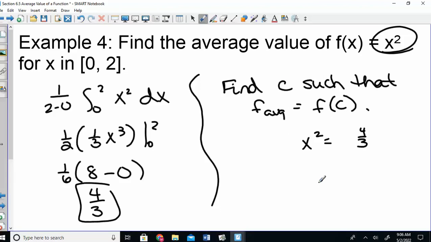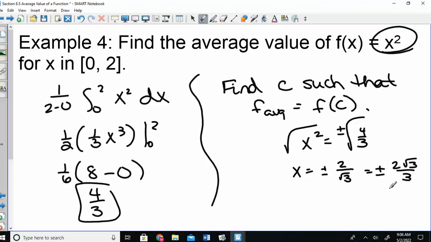And then if we work that out, to get rid of a square, we know we have to square root, plus and minus. Square root of 4 is 2. We don't know the square root of 3, so we get plus and minus 2 radical 3 over 3.